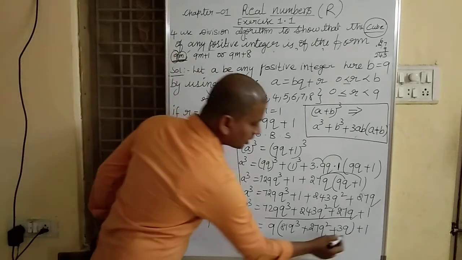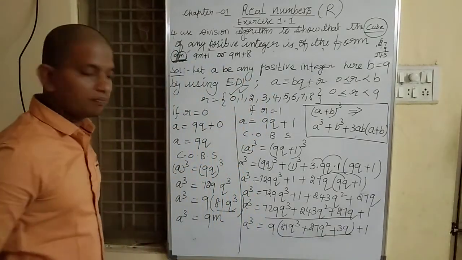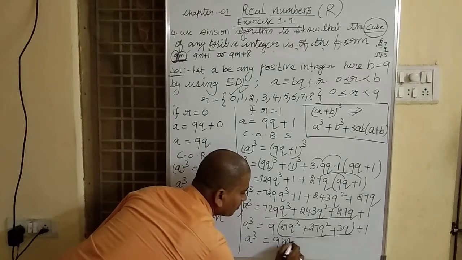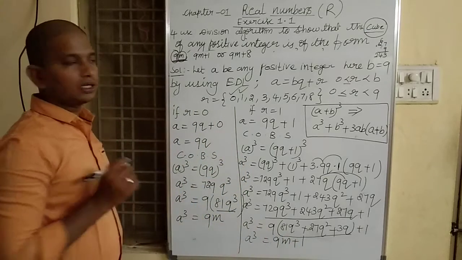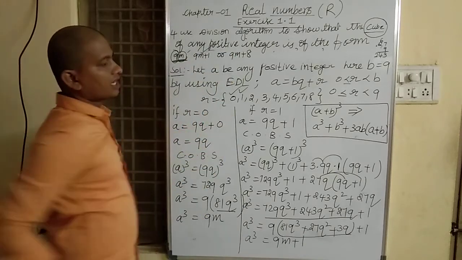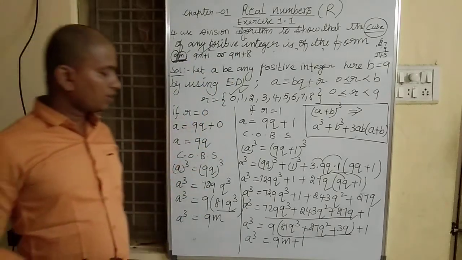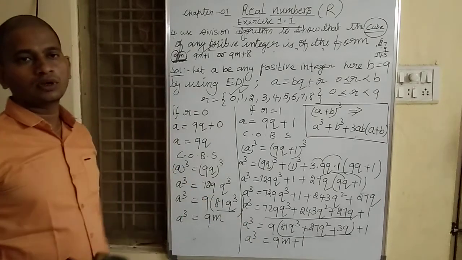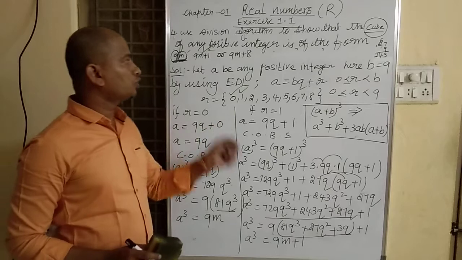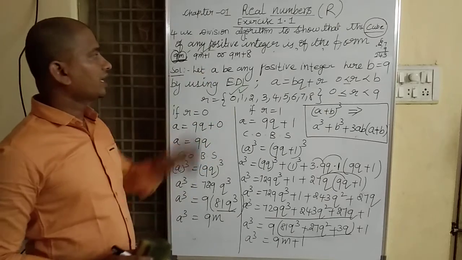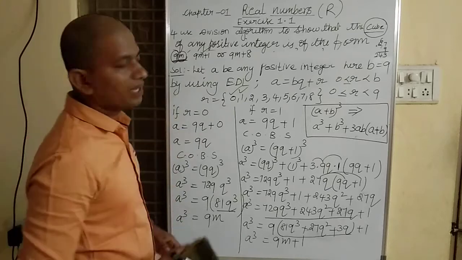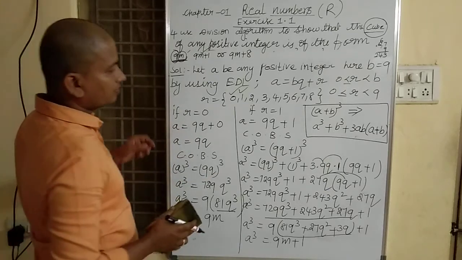So what is this? This is our value of m. So a cube equal to 9m plus 1. See, we got the second one. When I substitute r equal to 1, I got a cube equal to 9m plus 1. Similarly, when I substitute r equal to 2, I will get 9m plus 8. Let me do it. I don't have place, so I will rub it.